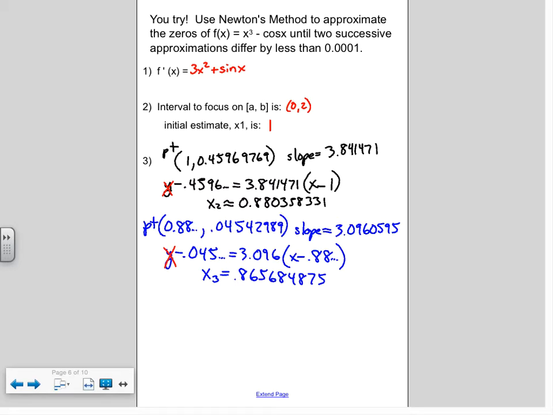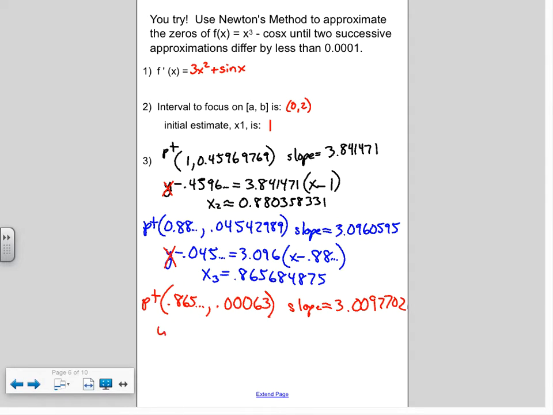So moving on to our next point. 0.865684875. Plugging that in, we get 0.00063, and our slope we get 3.00977702.